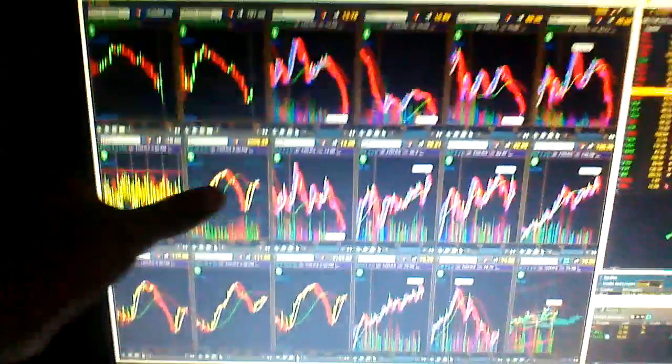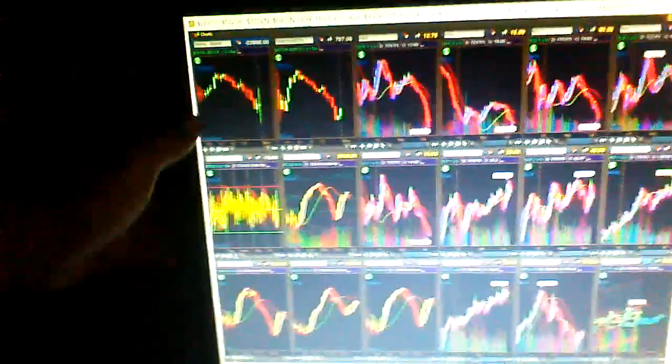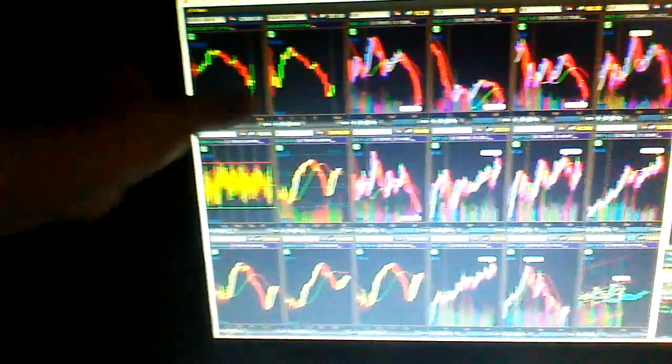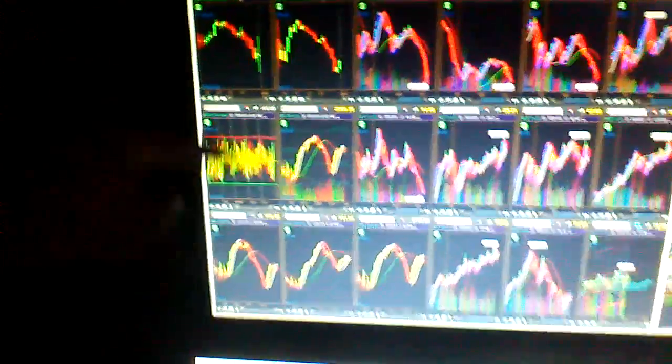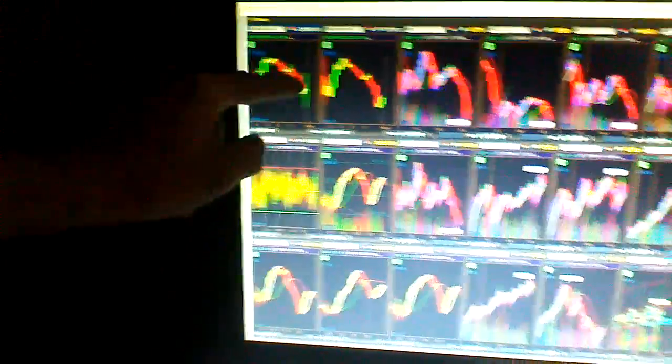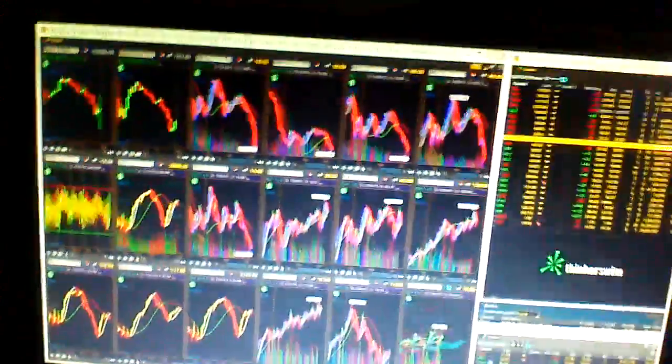Like I said, right here is where I make most of my decisions. So you got the ES futures right here. You got the ticks. Market breadth and conditions is right here. All these four boxes right here are what I take a look at to tell me what market conditions are right away. Next to it you got the gold, the oil, then you got the overall market with the ETFs, the XLE, XLB.